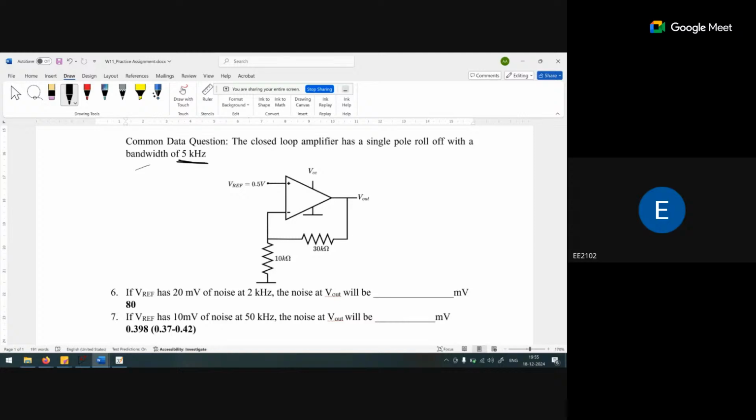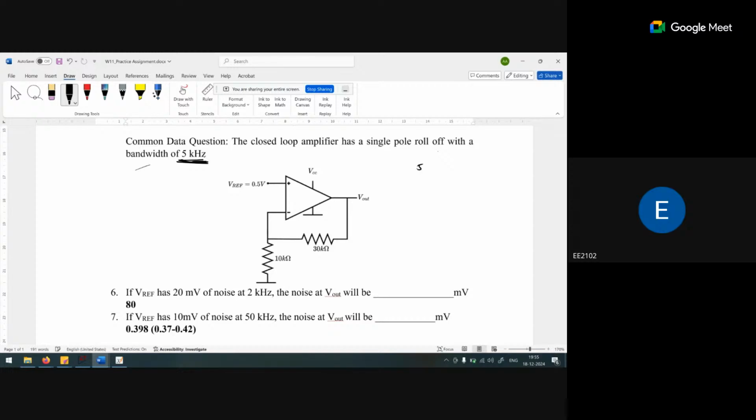So basically, it is saying a single pole roll off with a bandwidth of 5 kilohertz. That means before 5 kilohertz, it will behave as an operational amplifier. After 5 kilohertz, we have to check what is the working of that one. So how can we check it? It is given, 5 kilohertz.